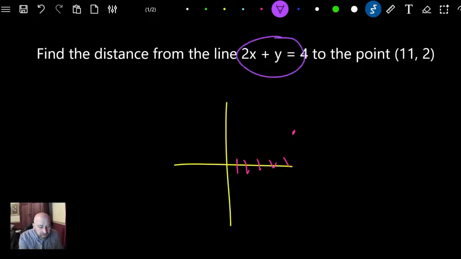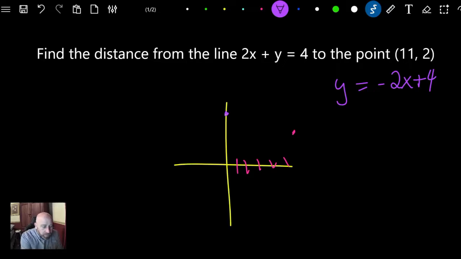For me, it's easier to graph when it's in the y-intercept form. So that would be y equals negative 2x plus 4. We know that it crosses the y-axis at 4, so we'll put it right here somewhere. And then its slope is going to be negative 2 over 1, something like this. Our line is going to be going something like that. Again, I'm not making it perfect.